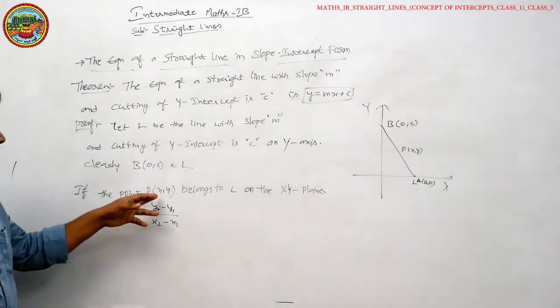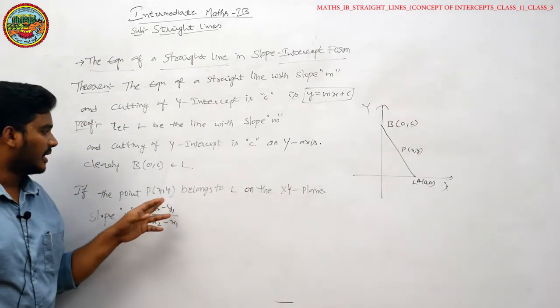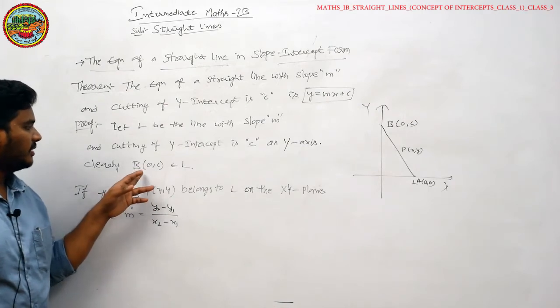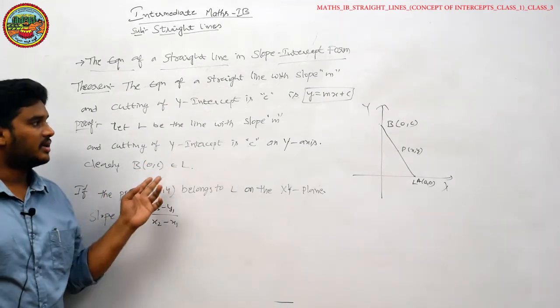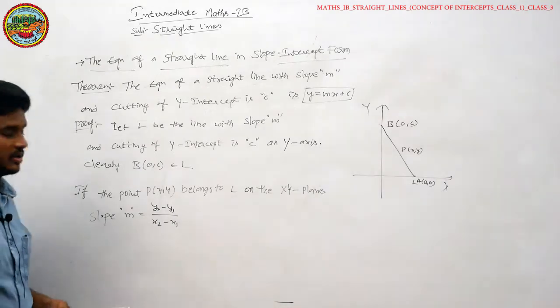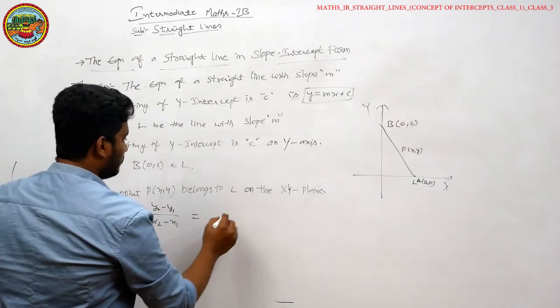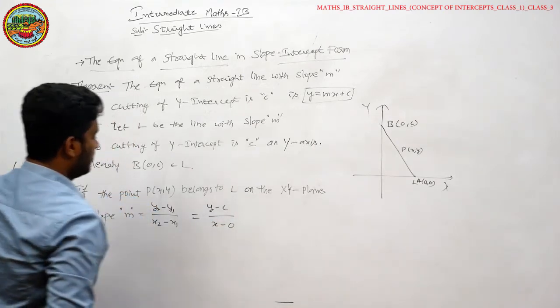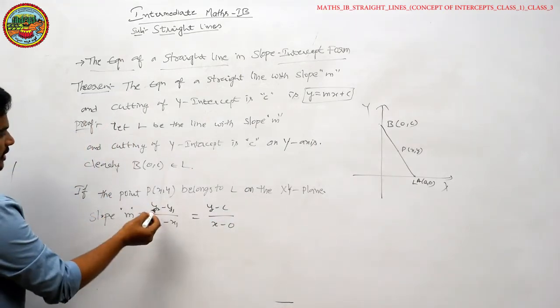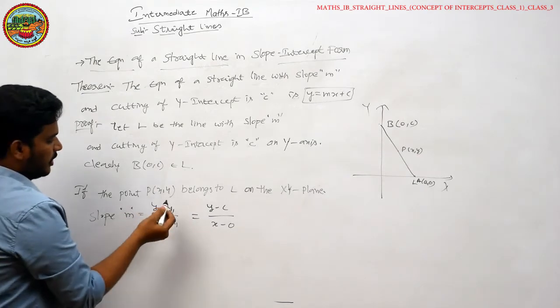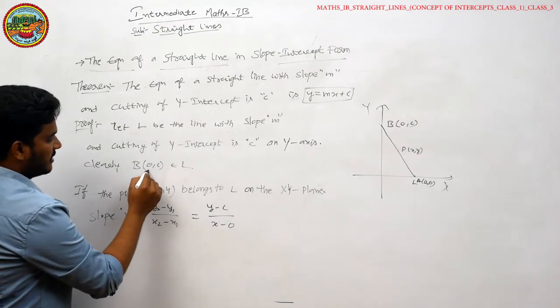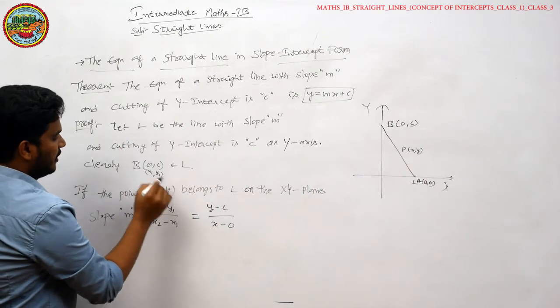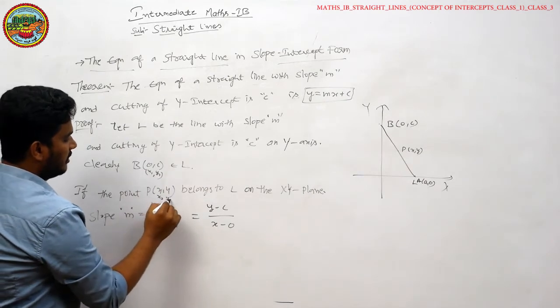We have a point P, x comma y, on the line L and point B, which intersects the y-axis at 0 comma c. So it is given by y minus c by x minus 0. Here we take B as x1 comma y1 and P as x2 comma y2.